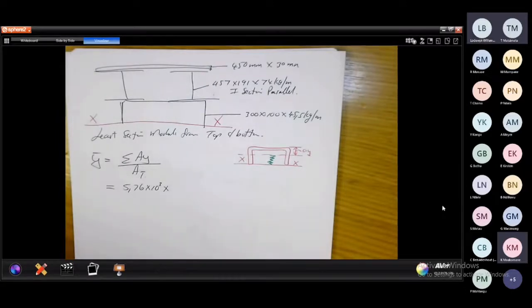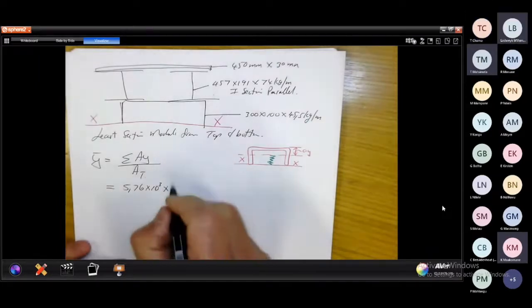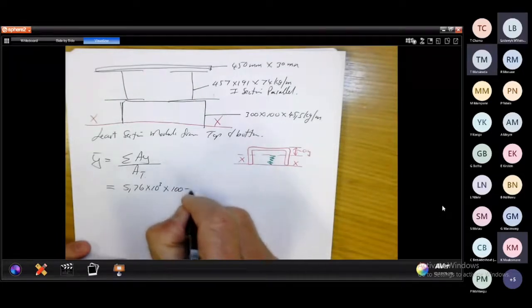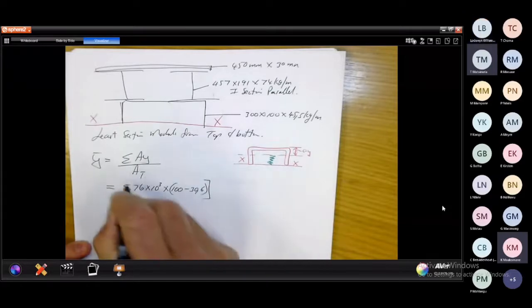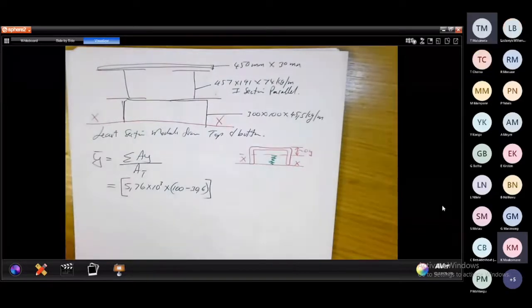That will be what? 300 minus AY. 100 minus 30.6. 100 minus 30.6 is 80.6. Everyone agree with that? All right, okay, good.